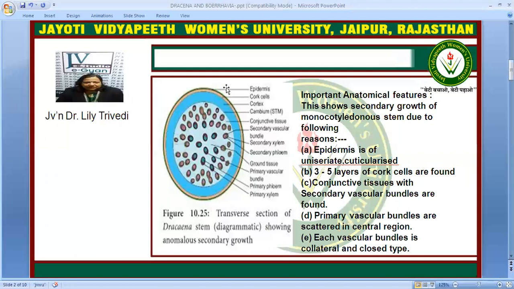So here you see the epidermis and the cork cells. The conjunctive tissue with the secondary vascular bundles are found. So conjunctive tissue, the tissue present here, and these are the secondary red colored vascular bundles. The primary vascular bundles are scattered in the central region, and each vascular bundle is collateral and closed type.